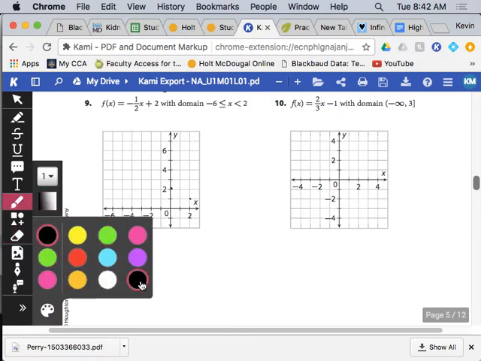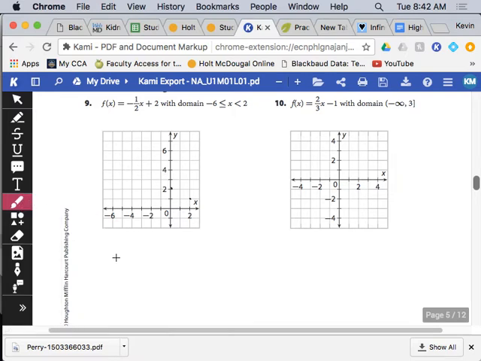Now, when we want to graph a linear function, or any function generally speaking, we want to create an f of x chart. Okay? What would be a wise choice for the first number that I pick for x?